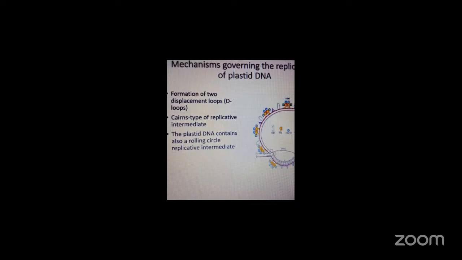So, the nuclear-encoded plastid RNA polymerase resembles the bacteriophage T7 RNA polymerase.